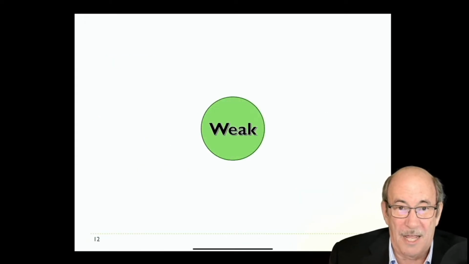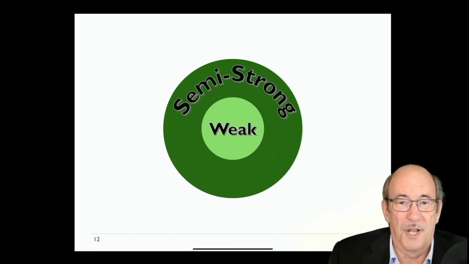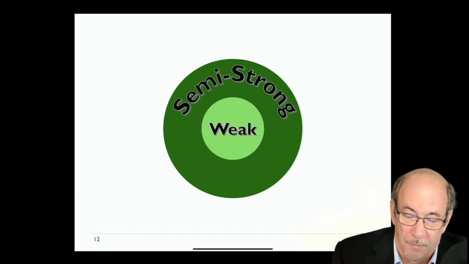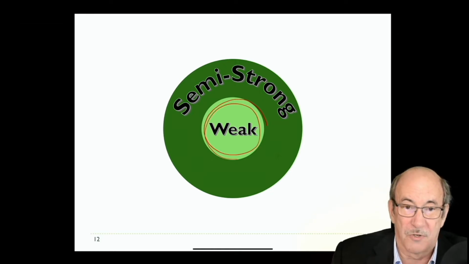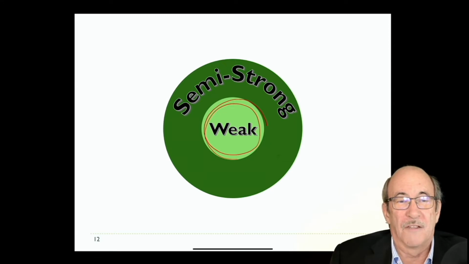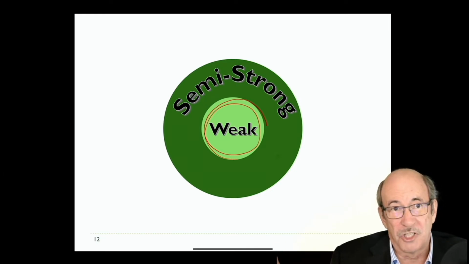You can think about it as kind of one envelops the other envelops the other. So if weak form prevails, then semi-strong and strong form are not necessarily implied. If markets are weak form efficient, then it doesn't necessarily mean that they're semi-strong or strong form. We still have to check.